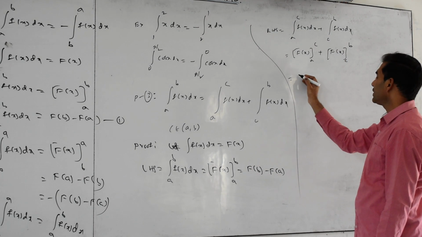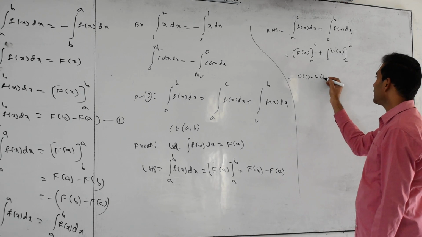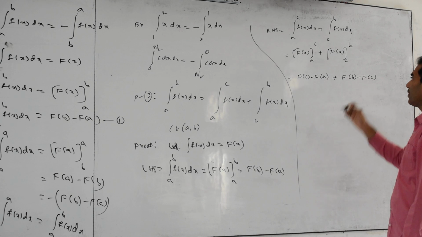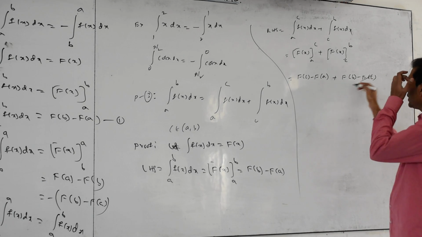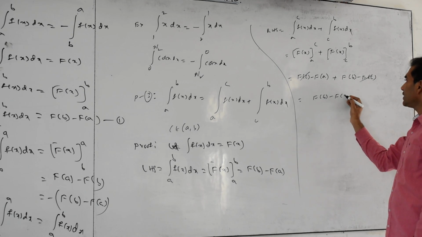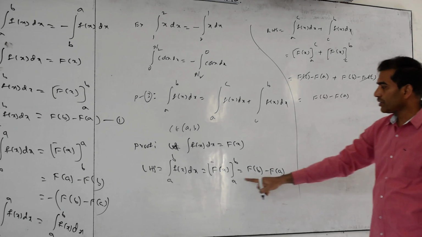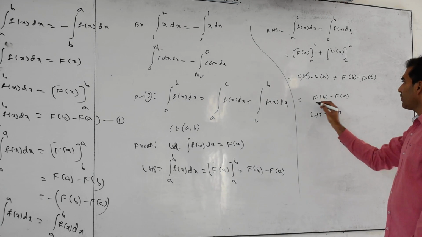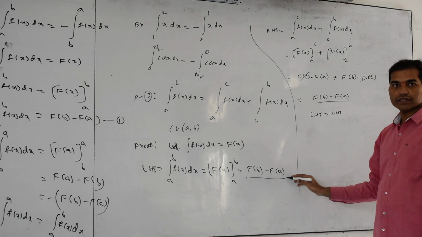Apply the limits: F of c minus F of a plus F of b minus F of c. Recollect, this gets cancelled, which is equal to F of b minus F of a. LHS equals RHS, F of b minus F of a.